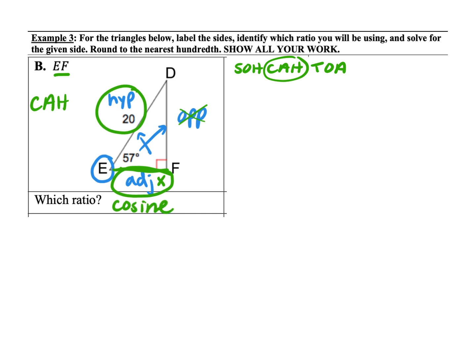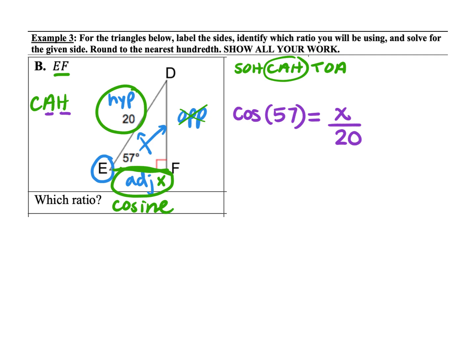So now I'm going to set that up here on my paper. So I have the cosine of the angle, which is 57 degrees. Close the parenthesis, and then it's going to equal A over H. So the adjacent is the X. The hypotenuse is 20.